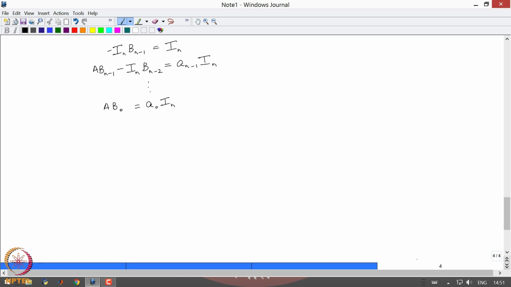Now, what I will do is I will multiply these with powers of A. The first equation I will multiply with A power n, the second I will multiply with A power n minus 1, and the last I will multiply with A power 0, which is just the identity. Okay.